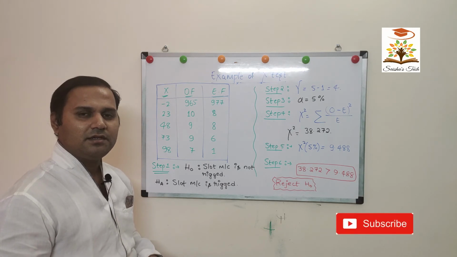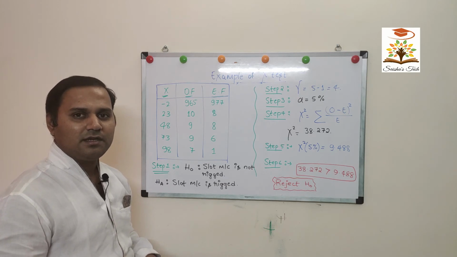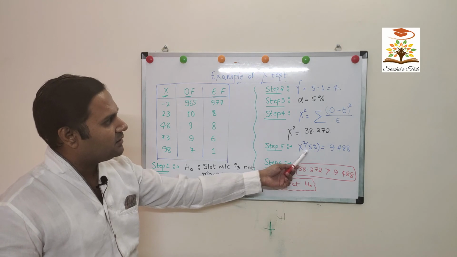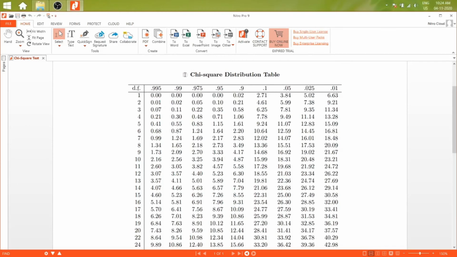In step 5, we want to identify the chi-square value from the chi-square table. Let me share my screen and walk you through how to extract the expected chi-square value with 5% significance and 4 degrees of freedom. This is the representation of a chi-square distribution table, where the rows represent the degrees of freedom and columns represent the significance value. As you can observe, for degrees of freedom 4 and significance value of 0.05, the chi-square expected value is 9.49.